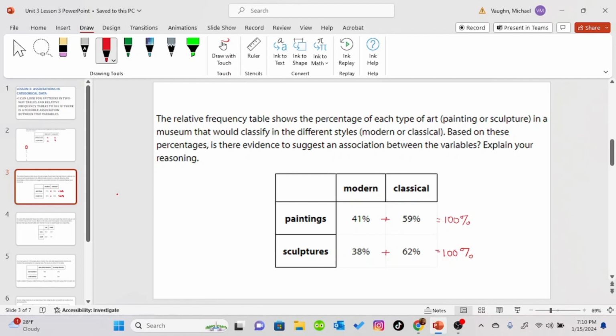So what we want to look at is that you have a 41% chance of a painting being modern, and you've got a 38% chance of a sculpture being modern. And these are very similar, 41 and 38. And you have a 59% chance of a painting being classical and a 62% chance of a sculpture being classical.